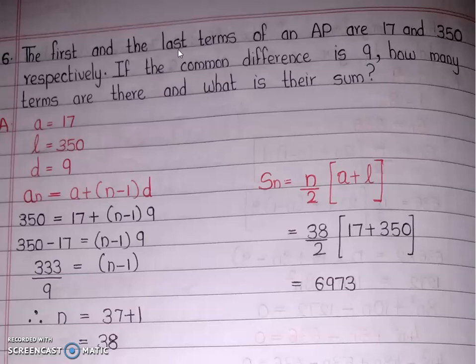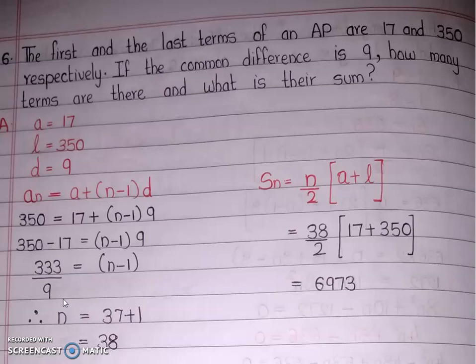Or even though last term, you will take it as an. Why? Here you have to find the number of terms n. So an is equal to 350, a equal to 17, n is unknown and d is equal to 9. Substituting and simplifying, you will get n is equal to 38.